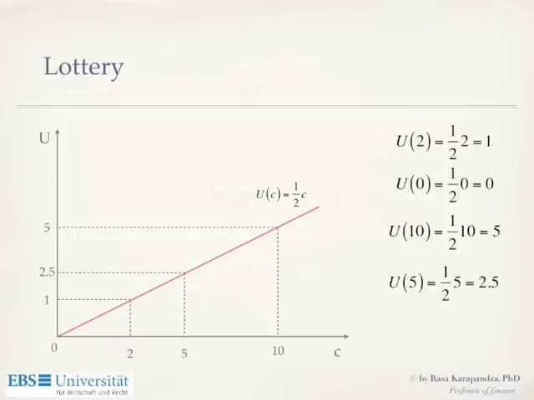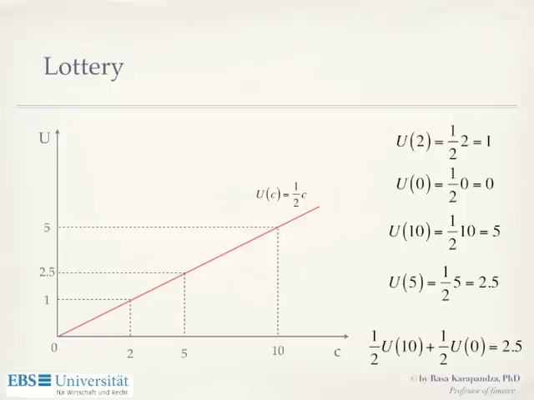Okay? So if you win 5 cookies for sure, you are happy 2.5 units of happiness. Now, if this utility function describes your happiness, how happy would you be if you win 10 cookies with probability 1/2 and 0 cookies with probability 1/2?